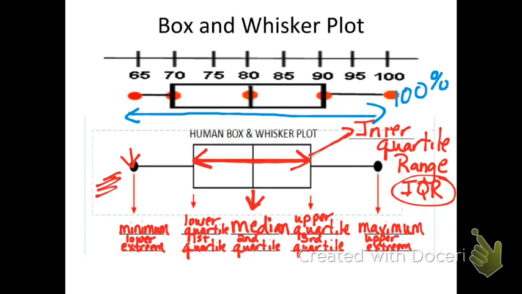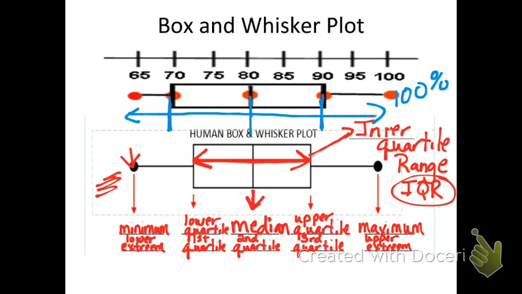But there's more you need to know. Here and here and here, this breaks it up into fourths. So this is 25% of the numbers, this is 25%, this is 25%, and this is 25% of the numbers.